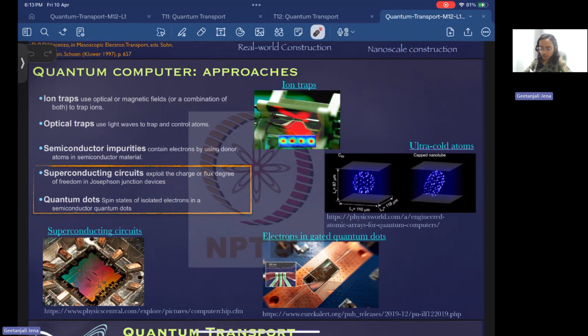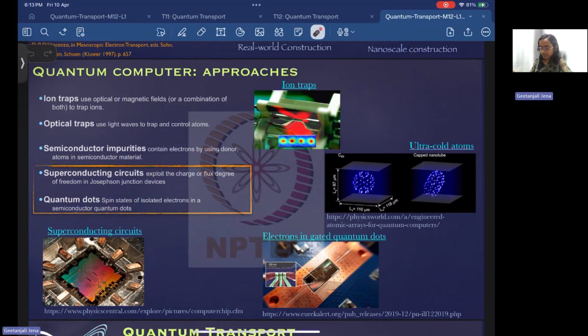So for our case, we will mostly cover the most commonly used methods for getting this qubit. The first one is the superconducting qubits, and the next one is the quantum dots.